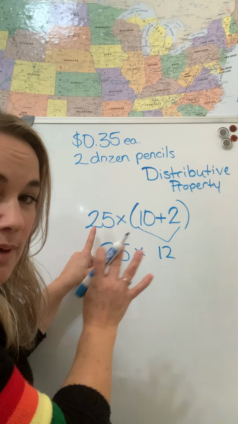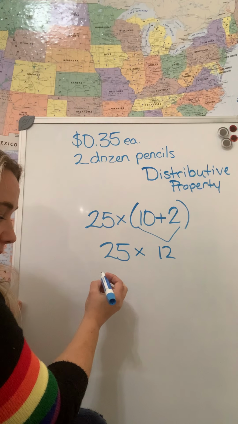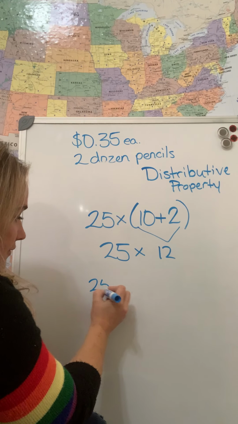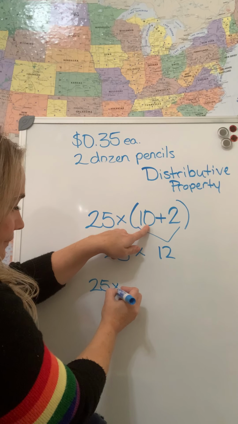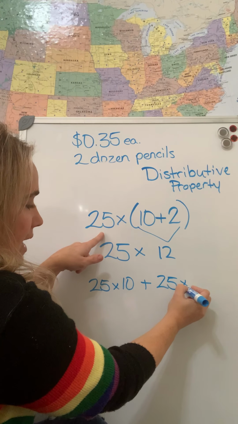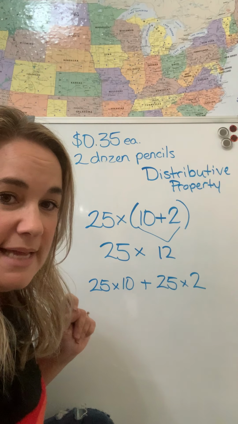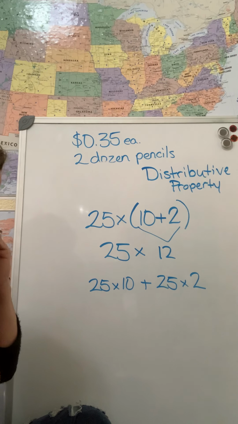So this is kind of going back to that partial product like we did at the very beginning of this lesson. We can say 25 times 10 plus 25 times 2. Either way, we're going to get the same answer in this case, okay?